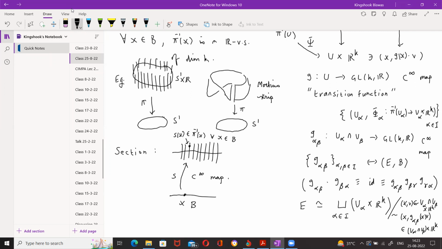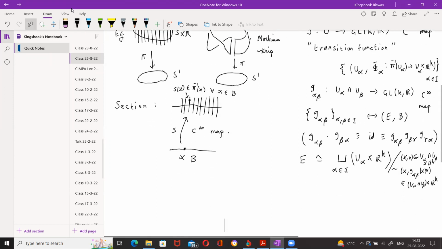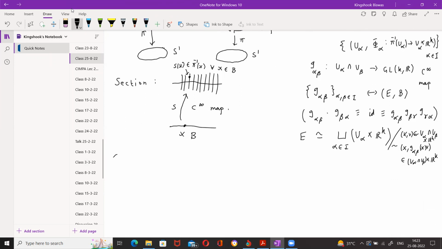And this would be a smooth map of manifolds. So now, in this language, we can say that, for example, TM over M, the tangent bundle, is a vector bundle of rank n, where n is the dimension of M. And similarly, just like given a finite dimensional vector space V, you can construct new vector spaces from it by various operations, such as the dual space, the kth tensor power, the tensor powers of the dual, wedge products of the dual, and so on.